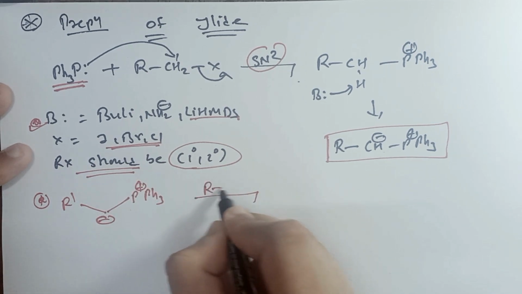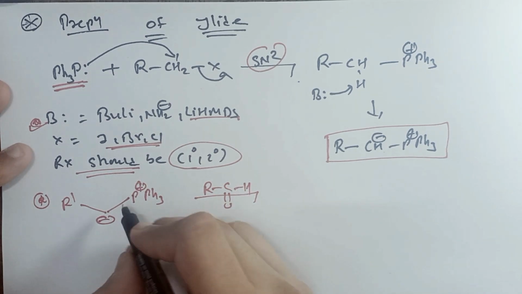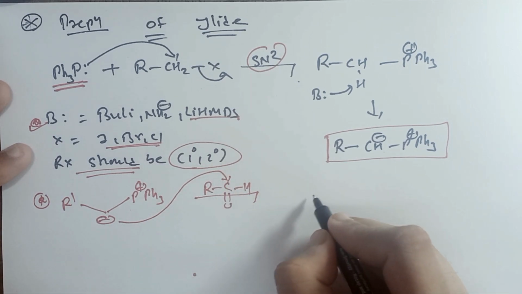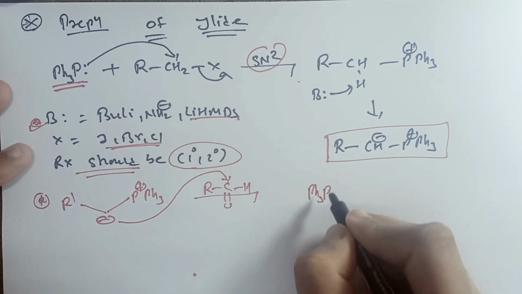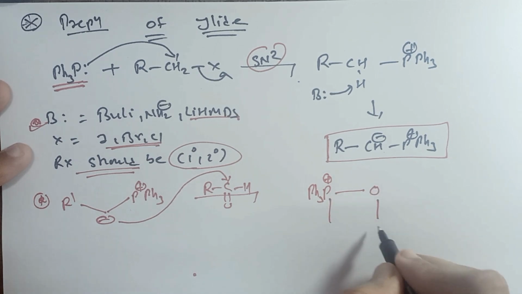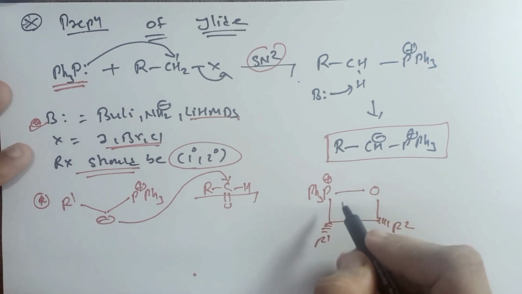Now when it is reacted with the RCHO group, that is the aldehyde molecule, it will produce this type of intermediate. Here we have PPh3 with a positive charge, and oxygen. Here we have an R2 group and an R1 group.